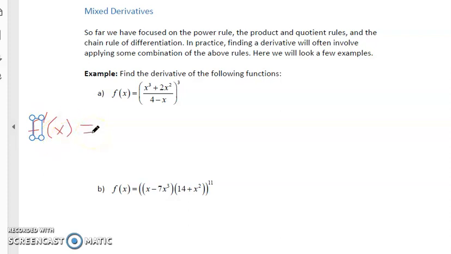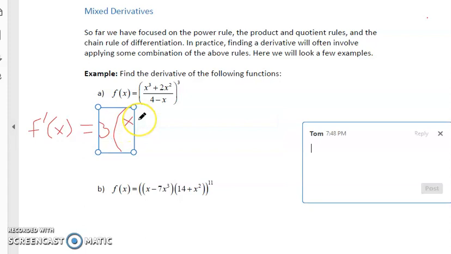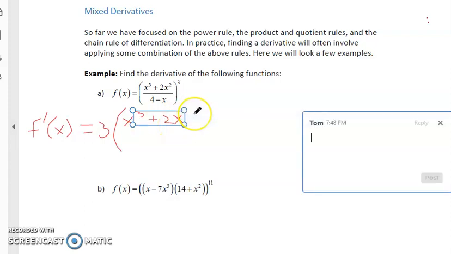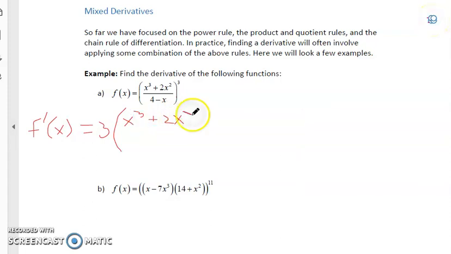Now the first thing you're going to have to do here is use your chain rule. The 3 comes down in front, and then in a big set of brackets, we leave the inside part exactly as is. So that'll be x to the power of 3 plus 2x squared, all over 4 minus x, and then another big set of brackets on the outside, and that now becomes squared right there.